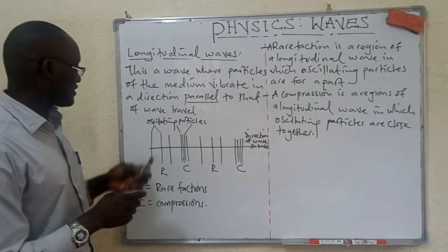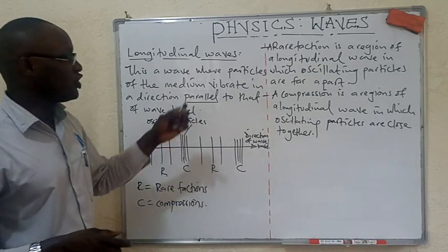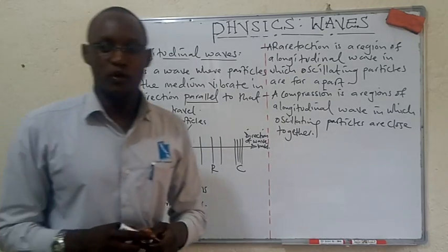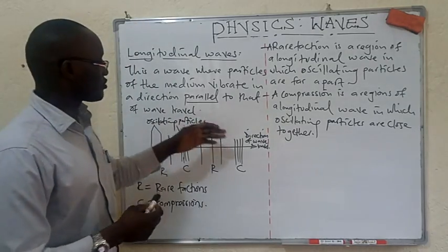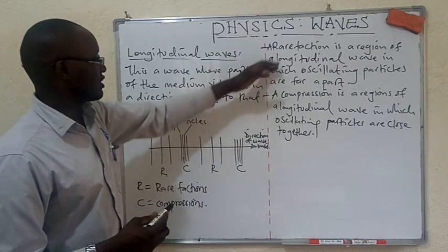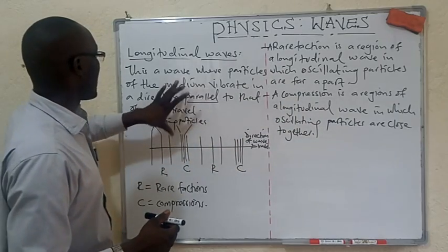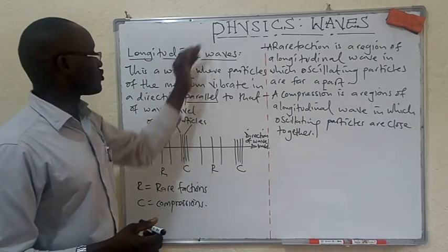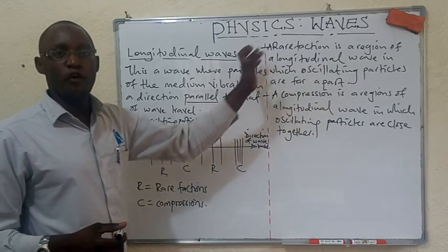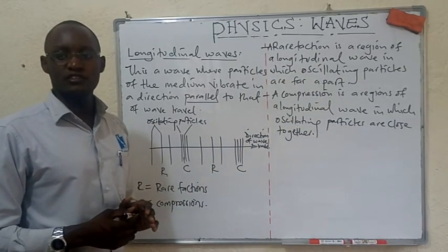We are going to see this term under the terms used in wave motion. But before that, we have already stated some terms, rarefactions and compressions, which only apply to longitudinal waves. Then we are going to see also specific terms for a transverse wave.